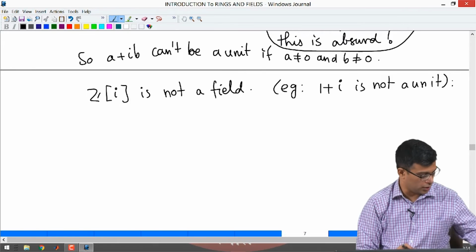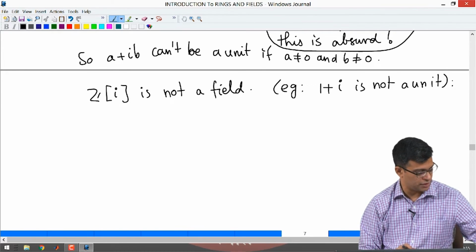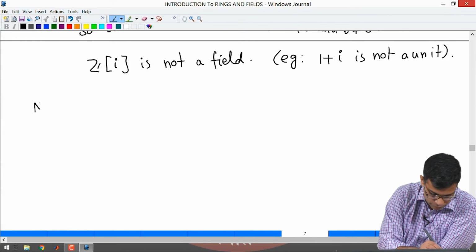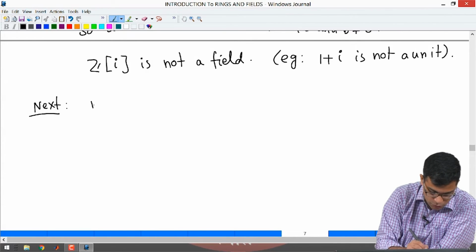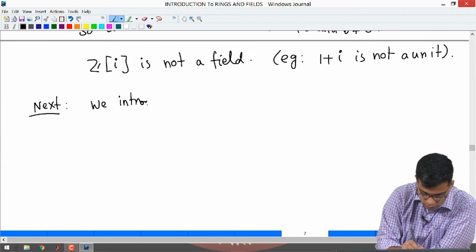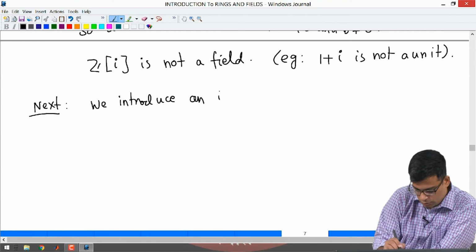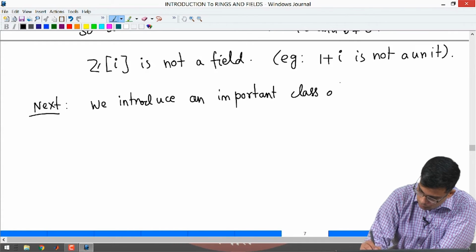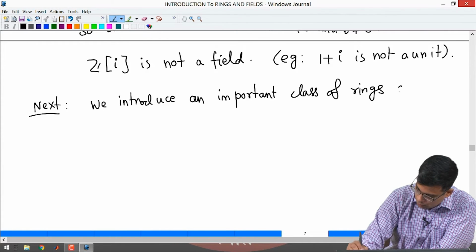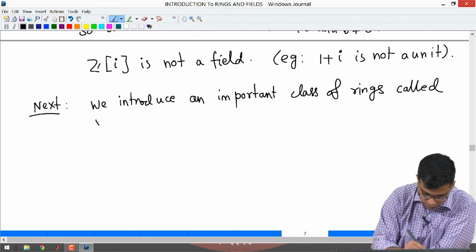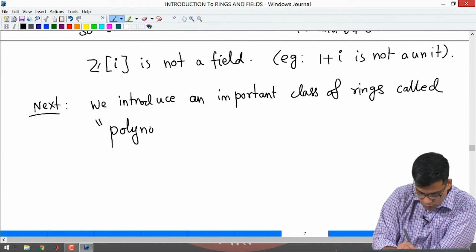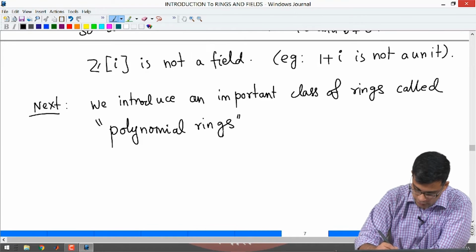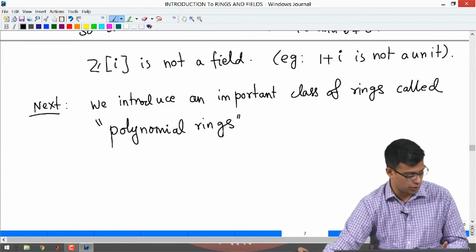Okay. So, the next order of business for us is to introduce a very important class of rings called polynomial rings. So, I am going to introduce this, something that maybe you are familiar with, but still I will, just to get the notation fixed for the course.